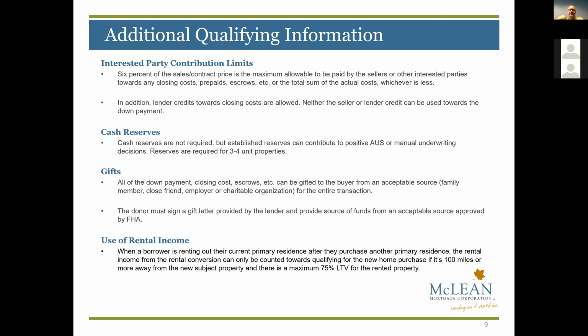So the max concessions that you can get from an interested party towards the buyer's closing costs, with FHA, it's different in conventional, is a max of 6%. Now, it can only go towards real and actual costs, which means it's a use it or lose it. If you got 6% of 200,000, that's $12,000, right?